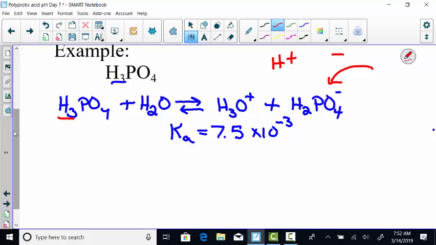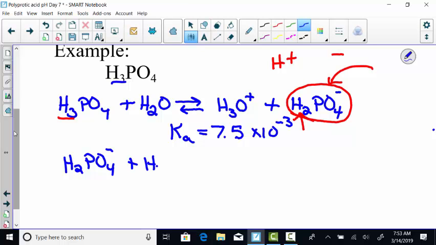Now, this compound still has a hydrogen that it can give up. So there's another expression that we can write with H2PO4 minus. That can now react with water, and it's still an equilibrium.